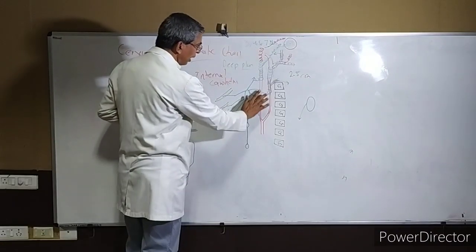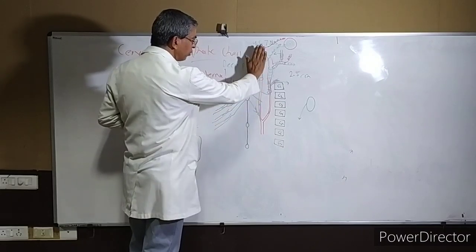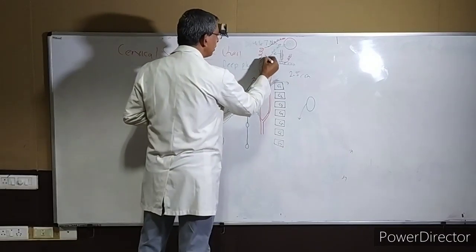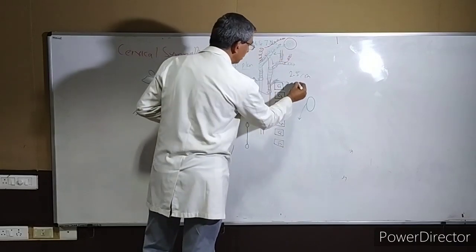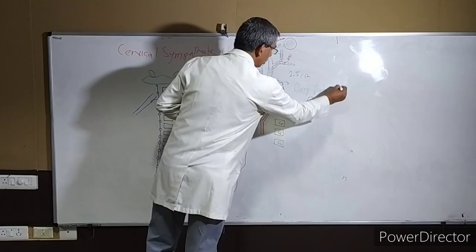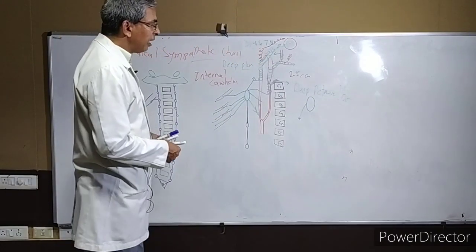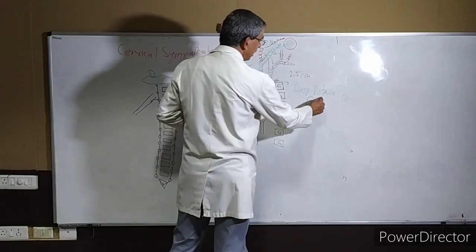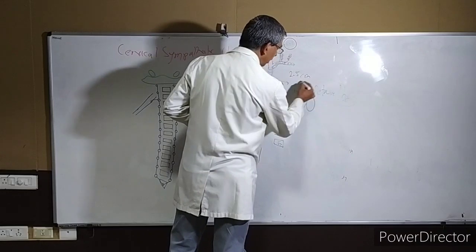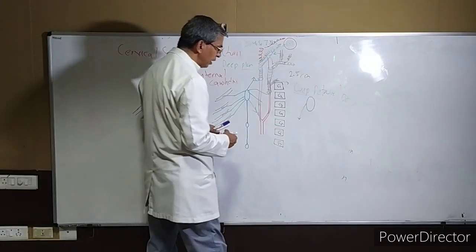When this artery ascends through the carotid canal, what happens? This again gives rise to the deep petrosal branch, which enters into the pterygoid canal and unites with the greater petrosal nerve. So this deep petrosal nerve unites with the greater petrosal nerve to form the nerve of the pterygoid canal.